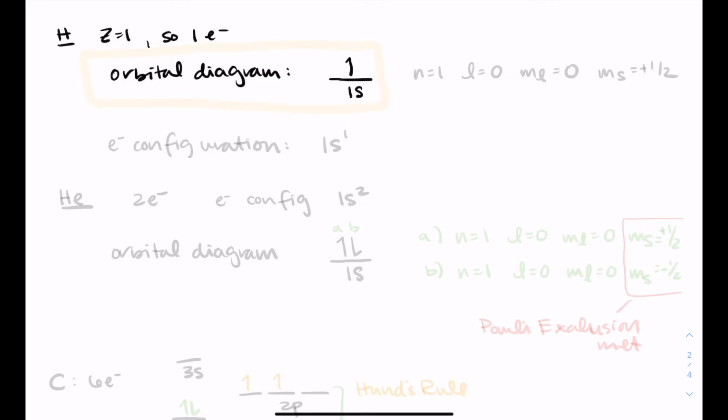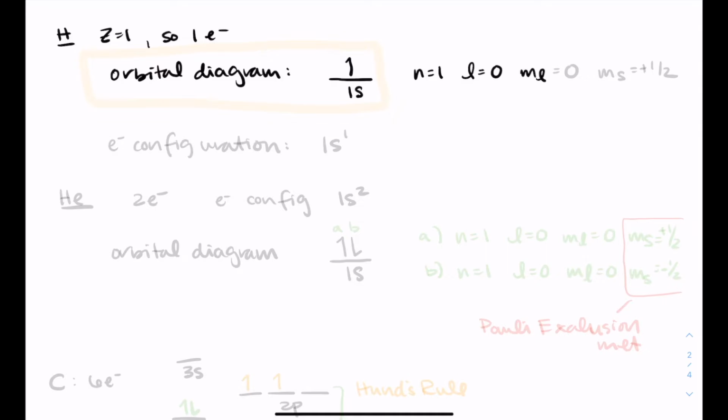It's not technically wrong to make that electron spin down, but by convention, we start by putting them spin up. So this is the orbital diagram: the line that represents the orbital, the label of the principal quantum number and shape of the orbital that that electron is in, and the arrow representing the electron.